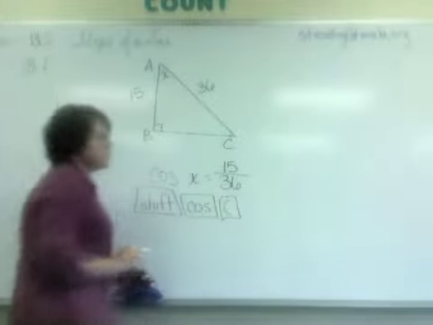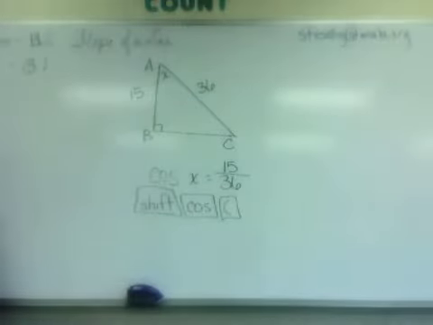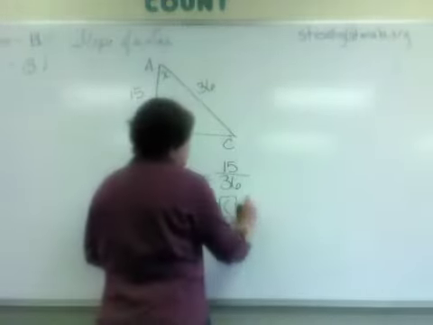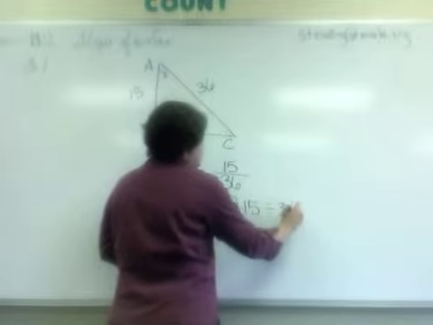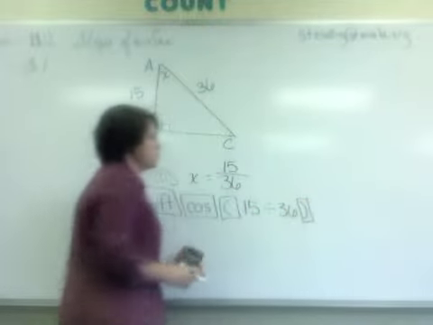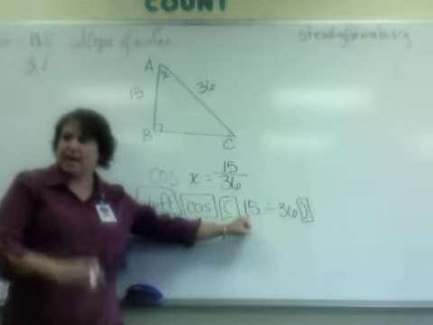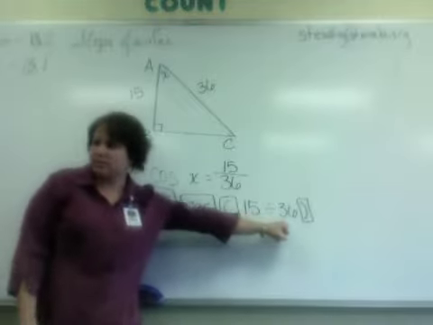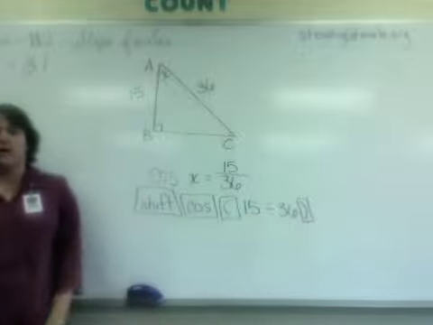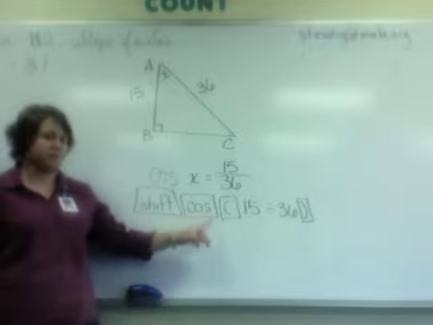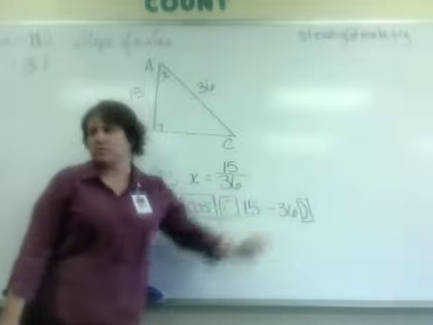You must use parentheses. If you do not include the entire fraction in parentheses, your calculator is going to assume that you're looking for the cosine of 15, and divide that by 36. When in actuality, you're looking for the cosine of the answer to this division problem.